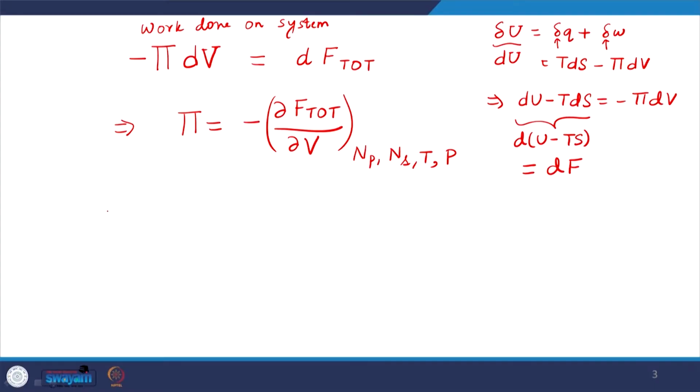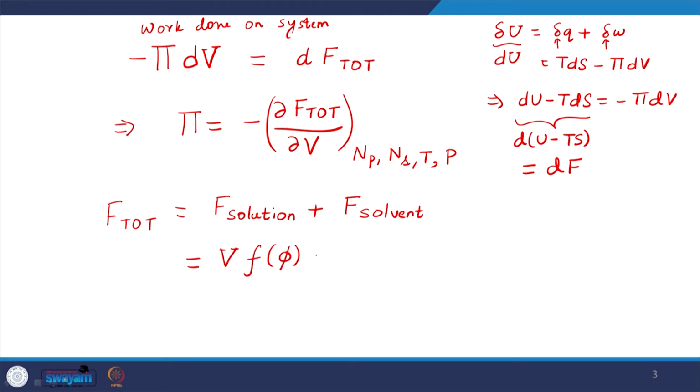So, now the free energy in total will be equal to the free energy of the solution plus the free energy of the solvent, and that we can write in terms of the free energy densities as V multiplied with f of phi plus V tot minus V multiplied with f of 0, because on the solvent side the volume fraction of solute is 0, it is a pure solvent.